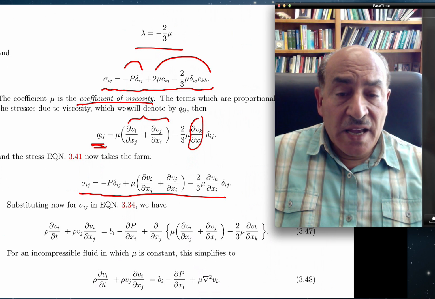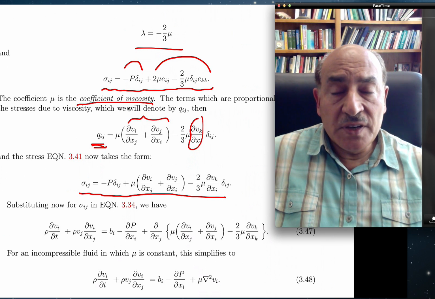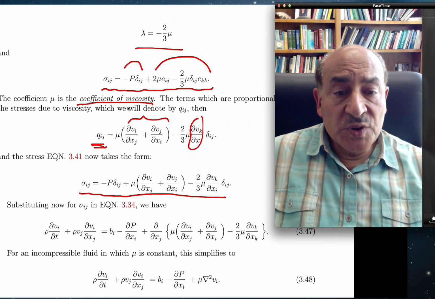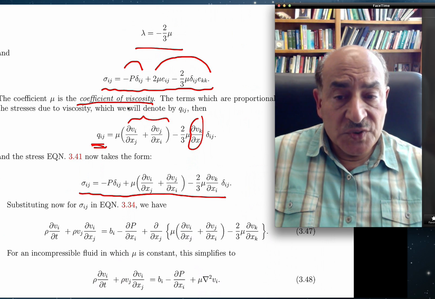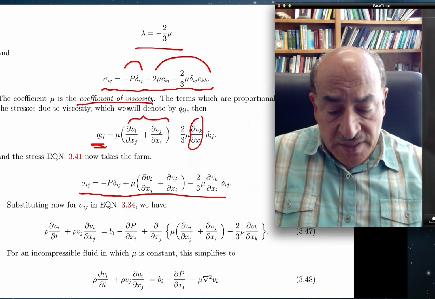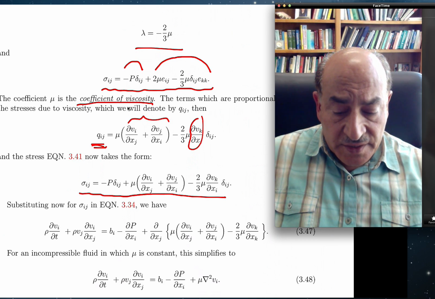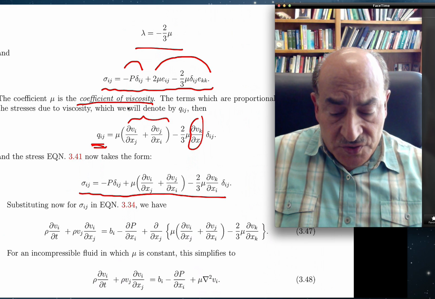So we're in a position to deal with the divergence of sigma that was remaining in the formulation. So we're going to take the sigma ij and put it in the divergence term for j, for the stress sigma on the right hand side. And the divergence is going to be this entire term.